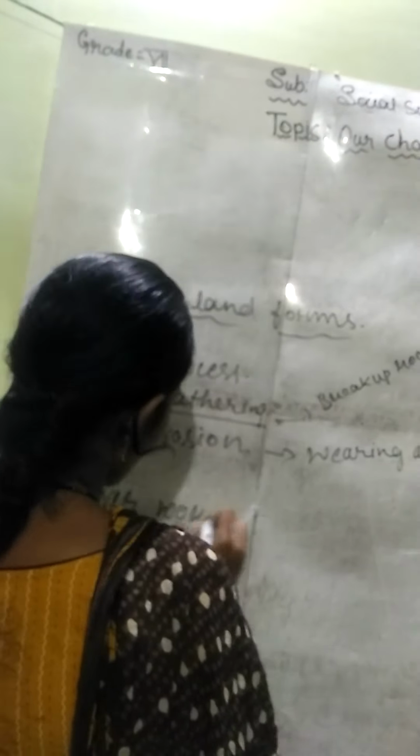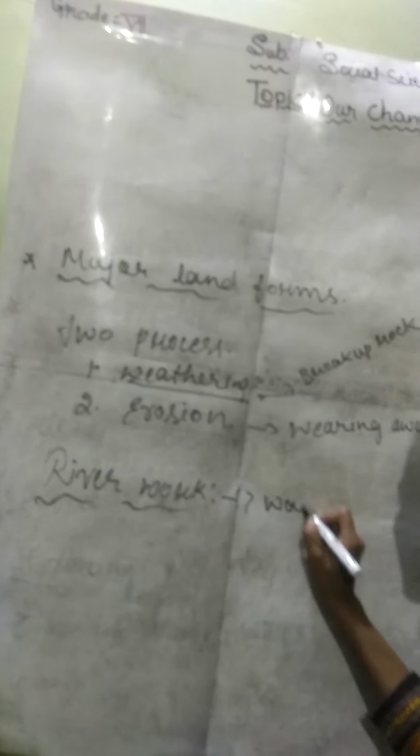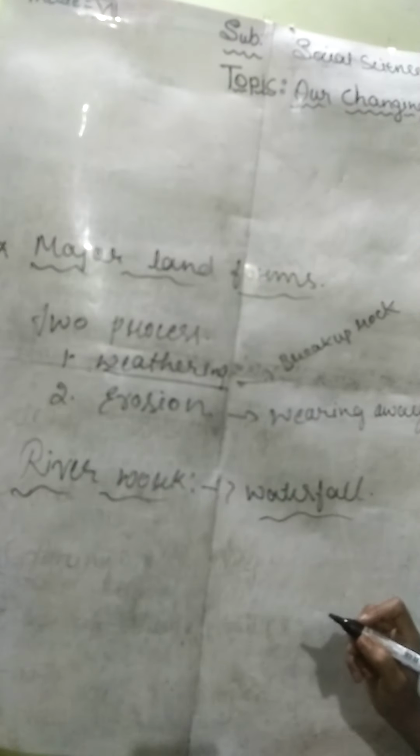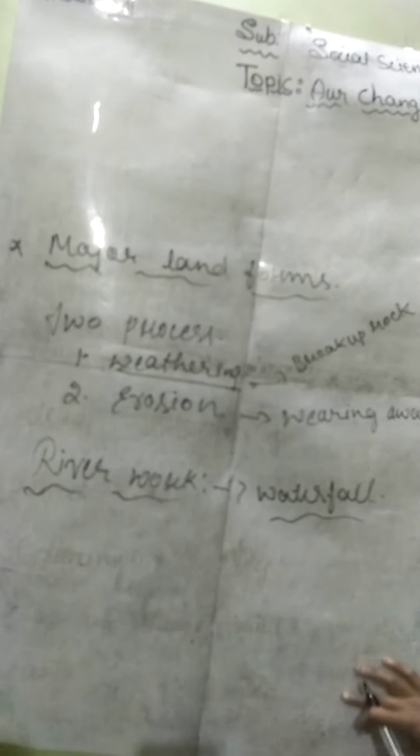So let us talk about the work of the river, in which we see the waterfall and the meander. So what is a waterfall? A waterfall is formed when the river tumbles down a steep valley side.